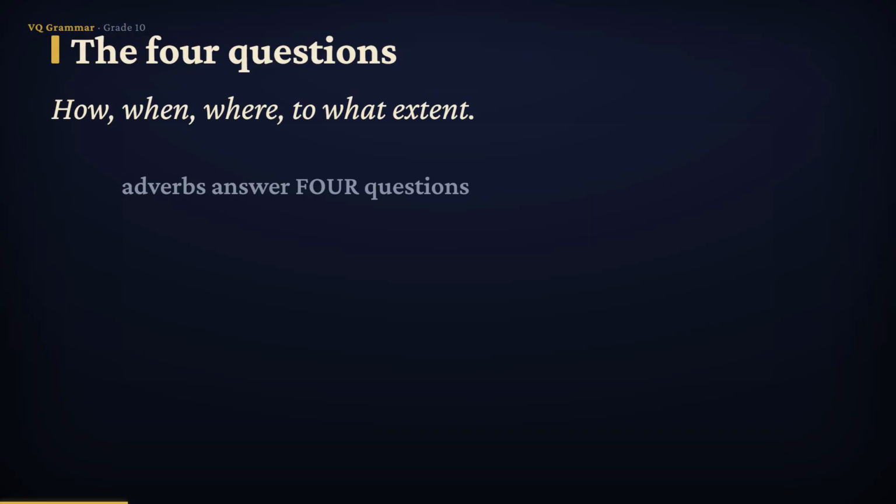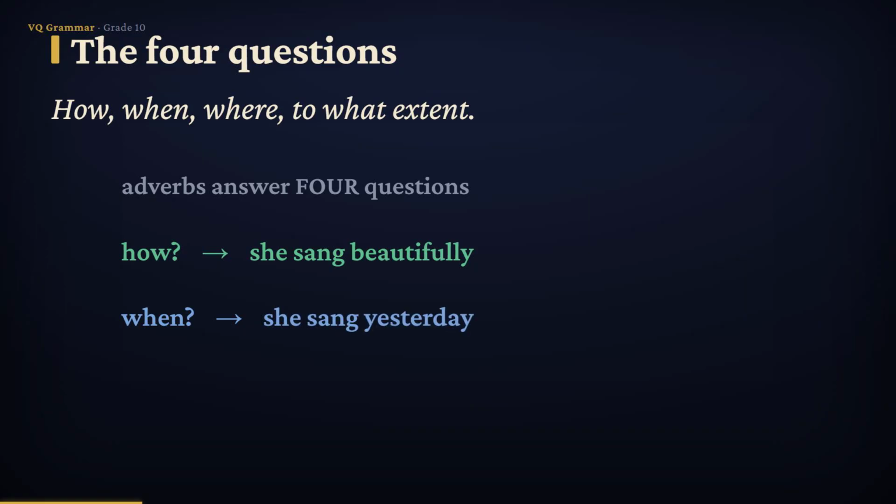First, how. She sang beautifully. Beautifully gives us the manner, the how of the singing. Second, when. She sang yesterday. Yesterday gives us the time. Third, where. She sang upstairs. Upstairs gives us the place.